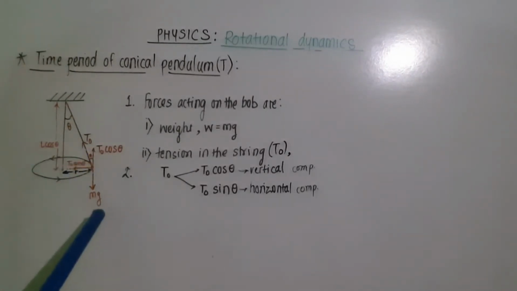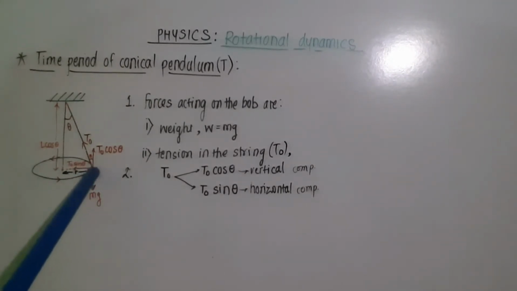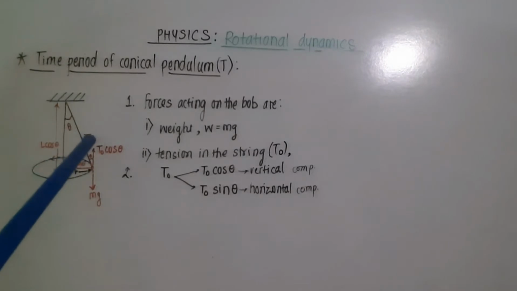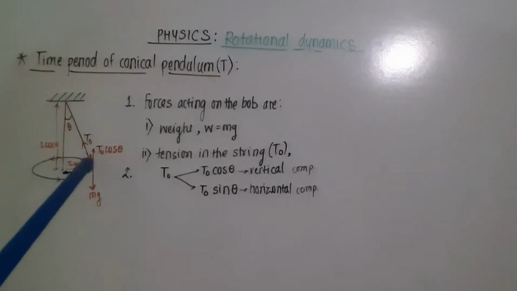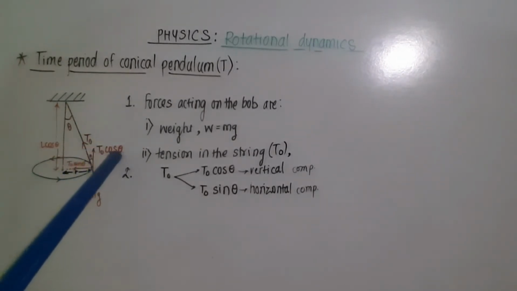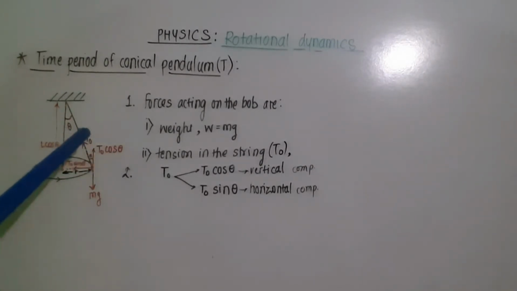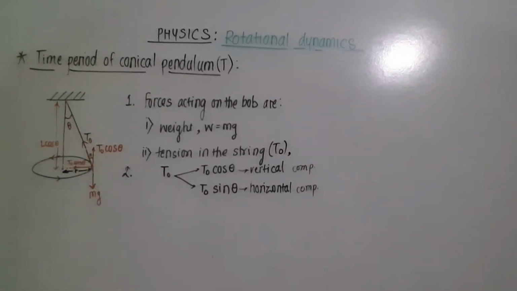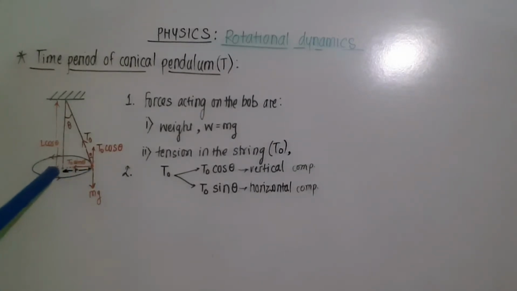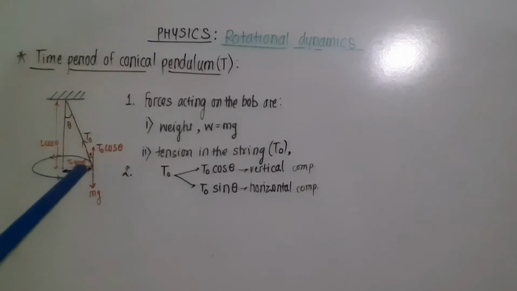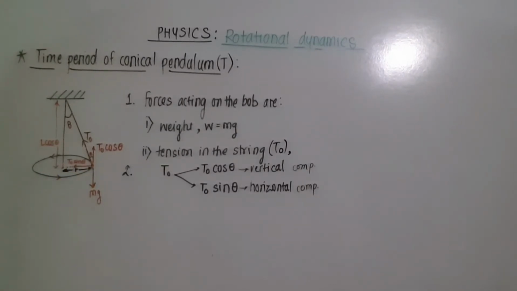As the weight of the bob acts vertically downward, we can resolve the tension in the string into components. The first component is T0 cos theta, which is the vertically upward component of the tension, and T0 sin theta is the horizontal component of the tension, directed towards the center of the circular path.